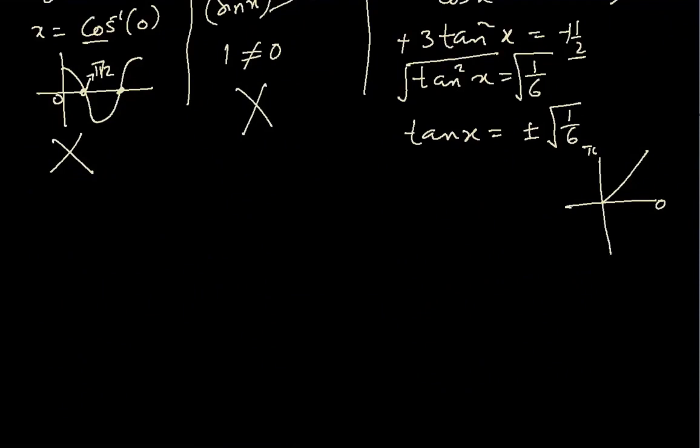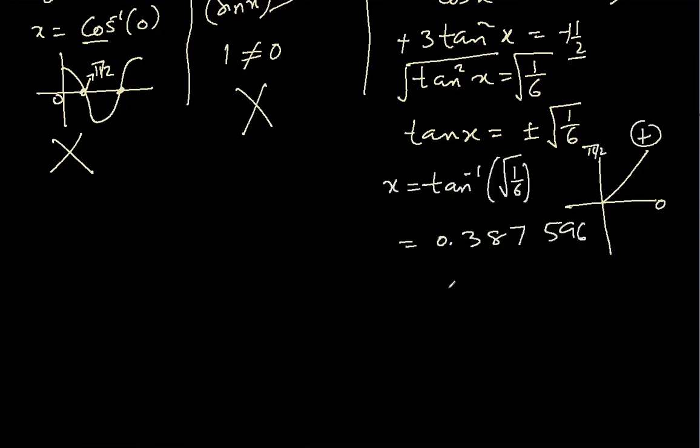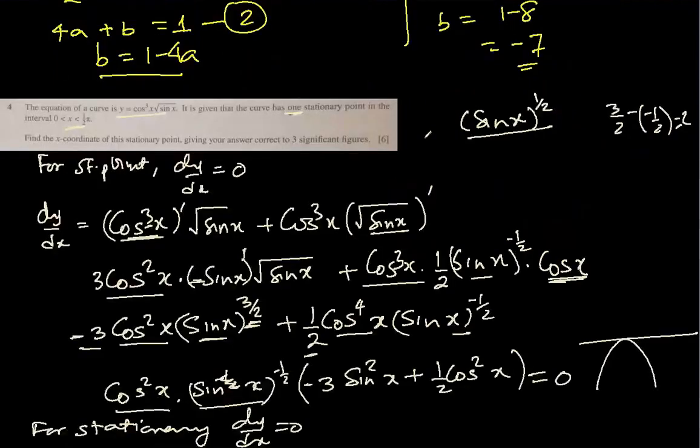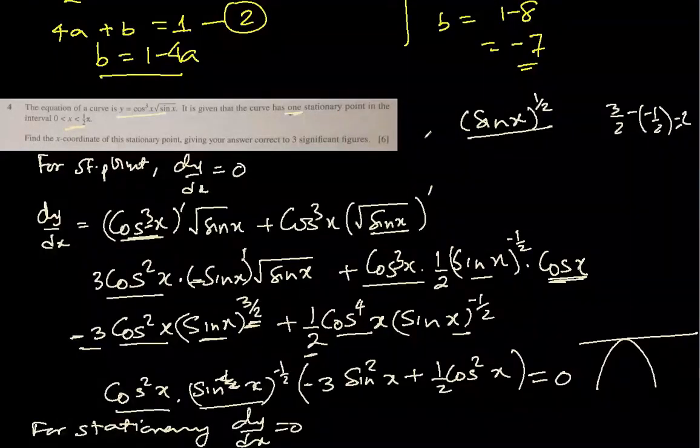We will not even look at negative. x is tan inverse square root of 1 over 6, and in radians it gives us 0.387596, which can be rounded off to 0.388. Did they ask anything else or only the x coordinate? Find the x coordinate of the stationary point giving 3 significant figures. That is the value of x.